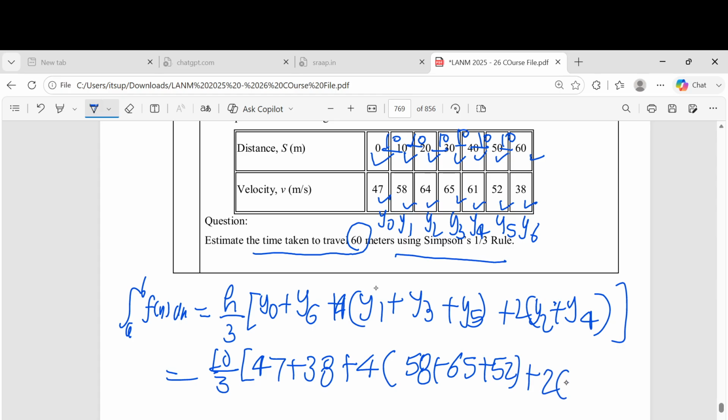This is y2 means 64 plus y4 means 61. If you solve this one, so this is 10 by 3. We have to evaluate this one. This is 10 by 3.